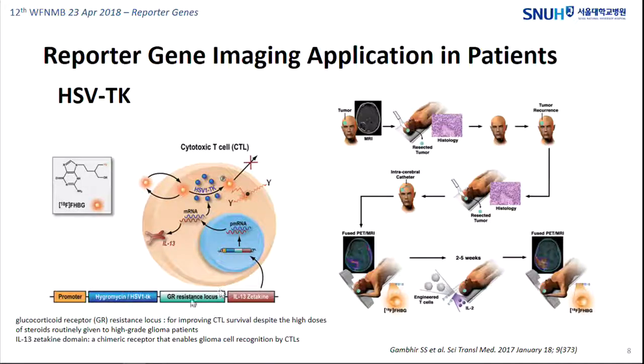So this reporter and the therapeutic gene are transduced into these T cells, and these T cells can recognize the glioma, and these T cells also express the HSV-TK, so they can use FHBG to visualize with PET imaging.